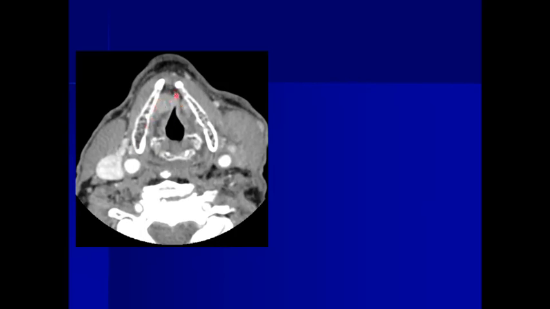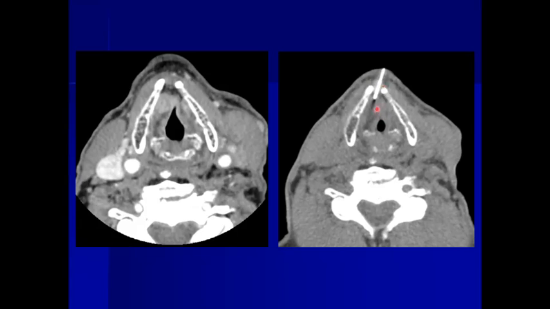Got a larynx CT, and you can easily see that there's a subglottic tumor and a supraglottic tumor in the paraglottic space. And because they couldn't see it on endoscopy, they couldn't biopsy it. So as radiologists, we did a nice FNA through the thyroid notch and proved that this was squamous cell carcinoma, a second primary.